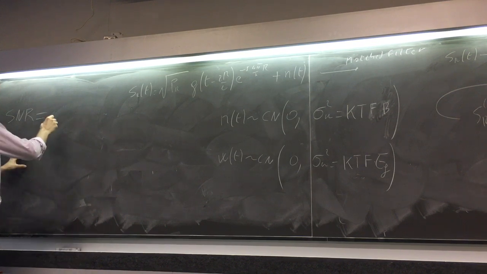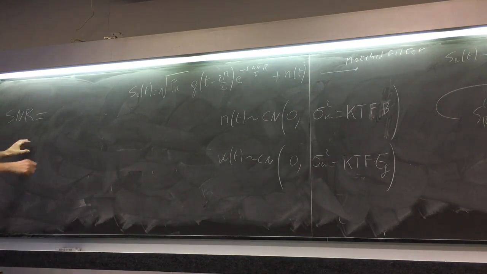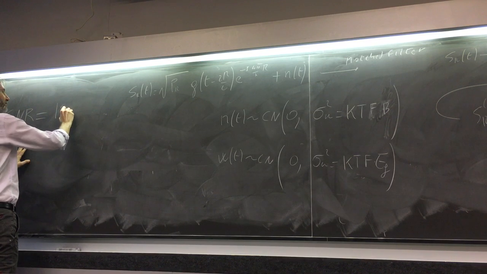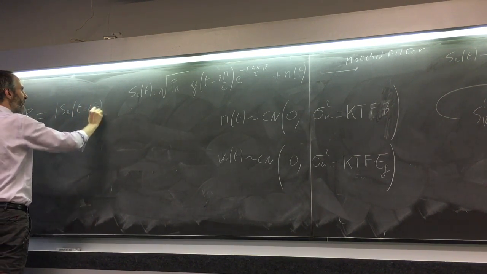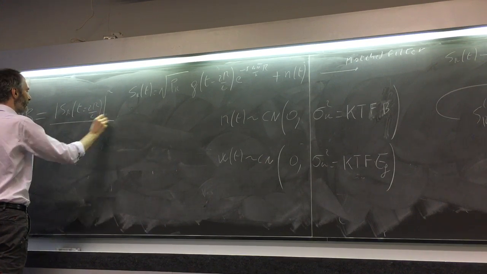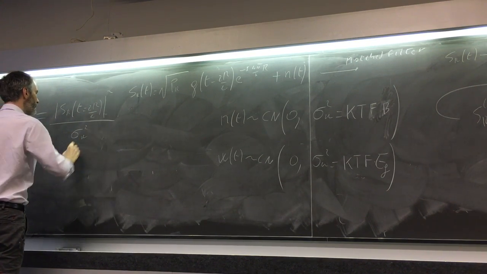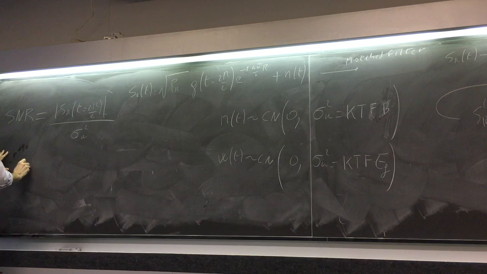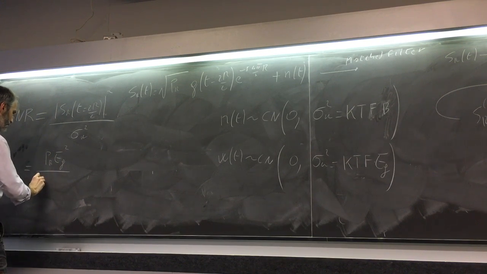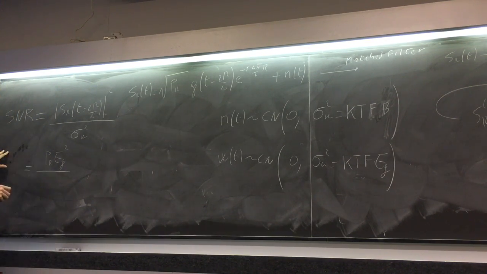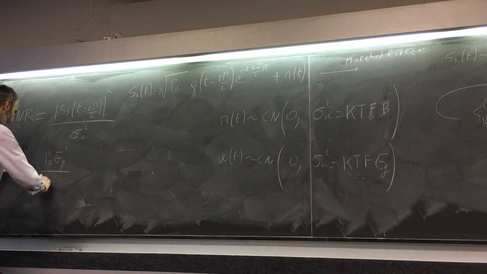is the peak of the signal divided by the power of the noise, and this is PR times the energy of G squared times KTF.